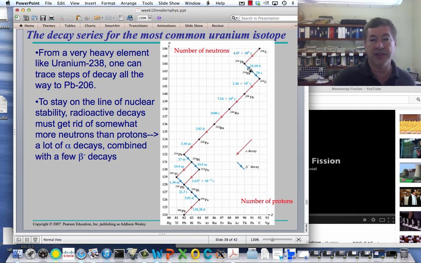It has gained 1 proton, so it actually went back up to element 91. And it has dropped 1 neutron, so it's just exchanged 1 neutron for 1 proton. So it's gained a +1 electric charge.